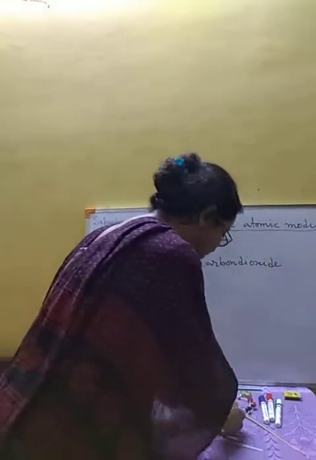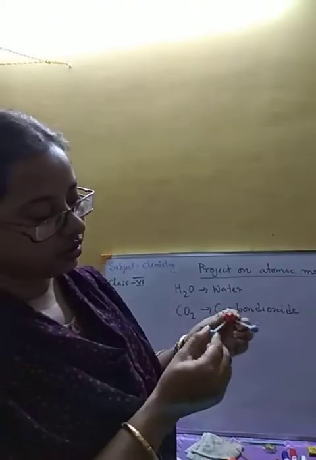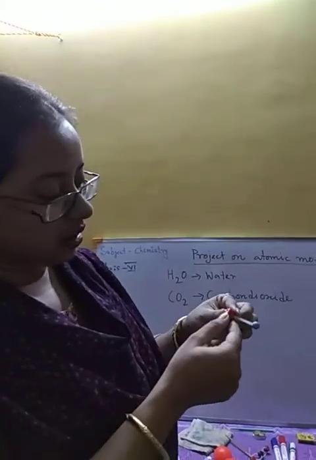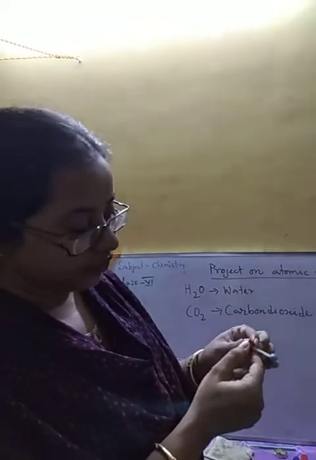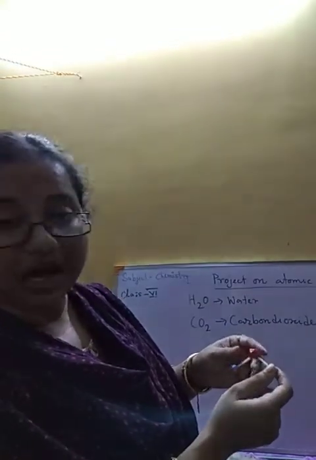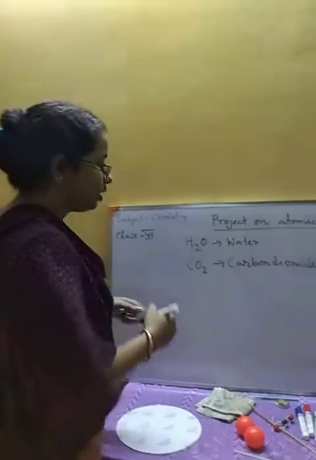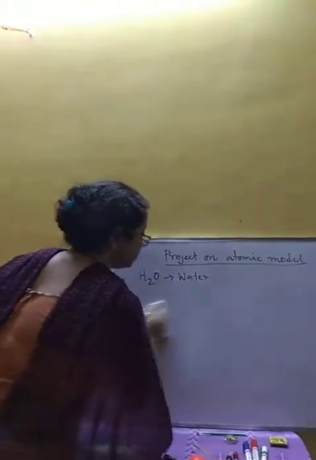Achha, before that let me show you the model of water first. See, this is the water molecule. At the center, this red color ball is oxygen, and these two light blue color balls are two hydrogens. Okay, so if we draw the structure of water, first I am going to discuss water.